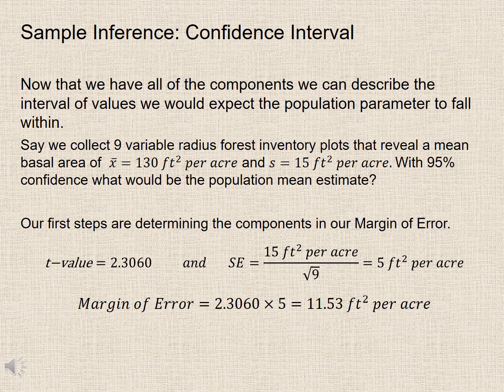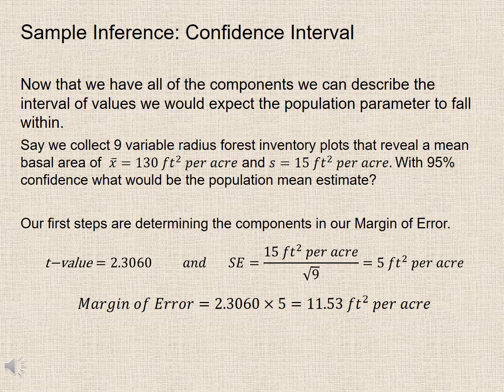Because we already have the point estimate of the population mean, which is 130 square feet per acre from our sample, our first step is to determine our margin of error, which you'll remember is calculated by multiplying the t-statistic by the standard error. We use Excel to calculate the t-statistic, as we did earlier, and find that it is equal to 2.3060.